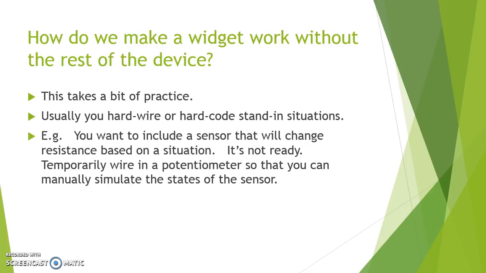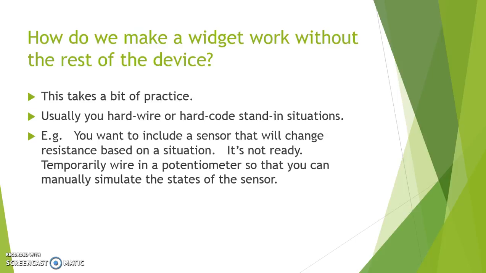So, for example, we want to eventually have a sensor that changes resistance based on a given situation, but it's not ready. It's on back order or it's in development. So we can temporarily wire in a variable resistor so that we can manually simulate each of the situations we need to.